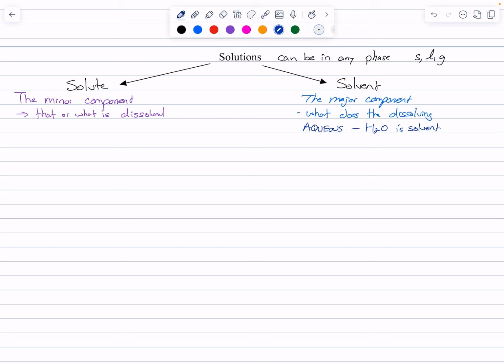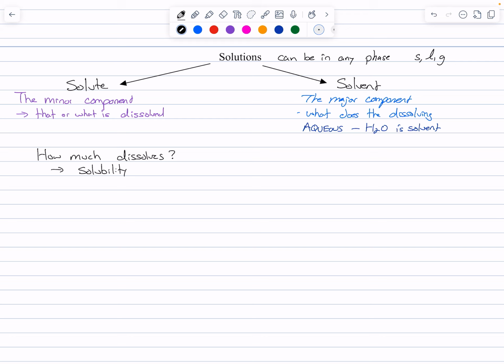Now, when we talk about how much dissolves of the solute, so like how much salt can you put in the water, right? How much dissolves? Right? And typically that question is answered by solubility. Right?